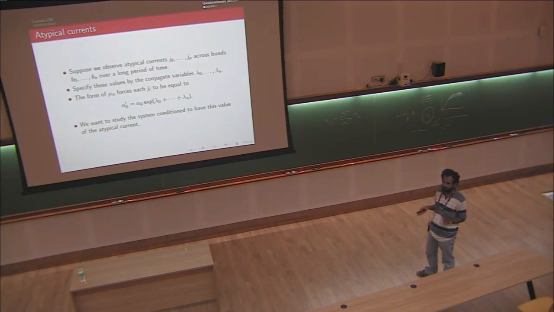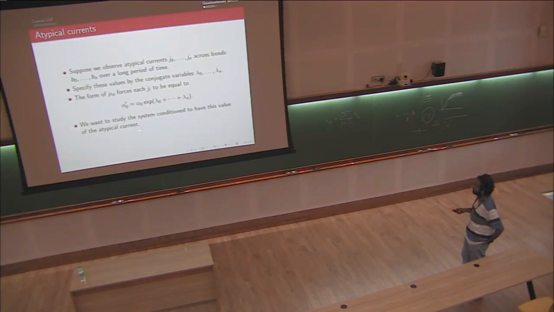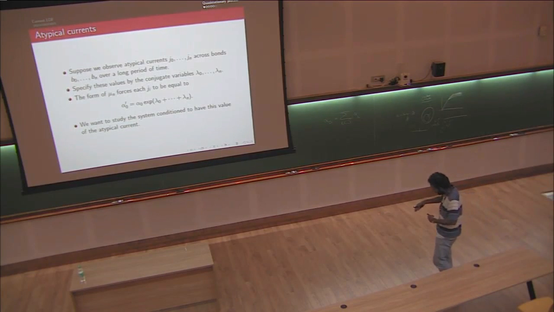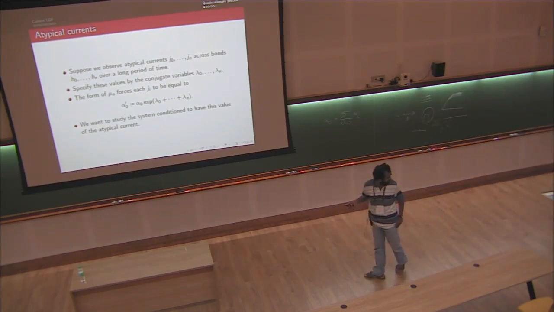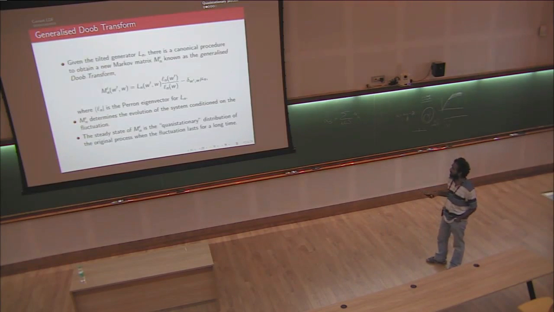So maybe 102, 101 are okay, but 102 and 51 are not okay. They just won't happen. So now, conditioned on observing this atypical current, how does the system look?